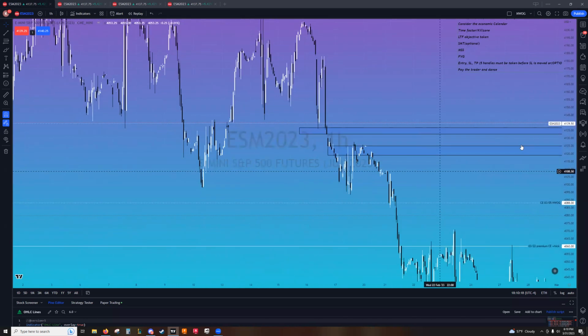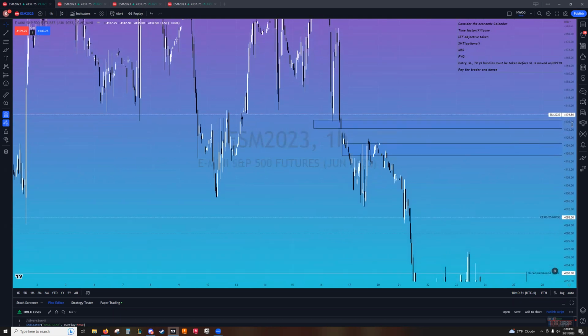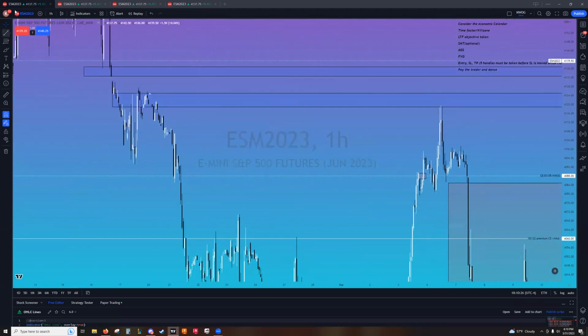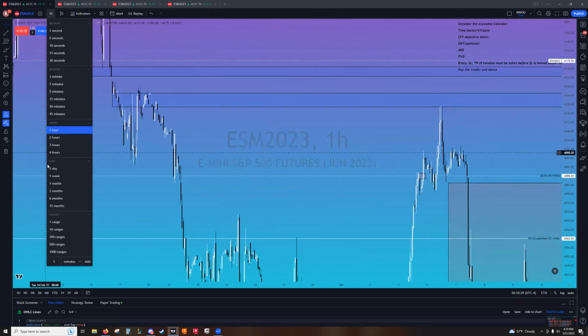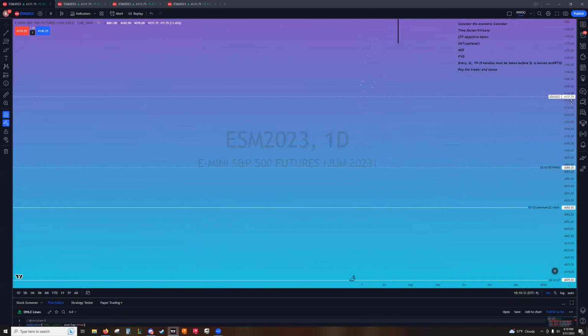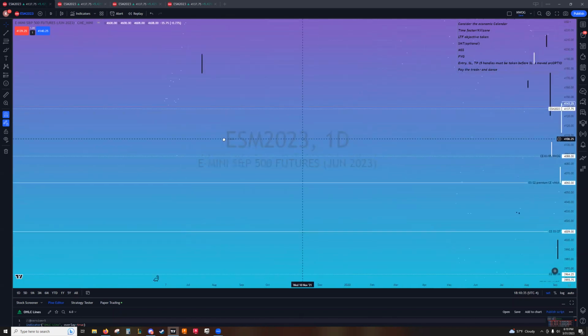Let's see here. I can't remember if this was a gap or a volume imbalance on the daily chart. I posted this in the chat either today or yesterday. I think it was today.